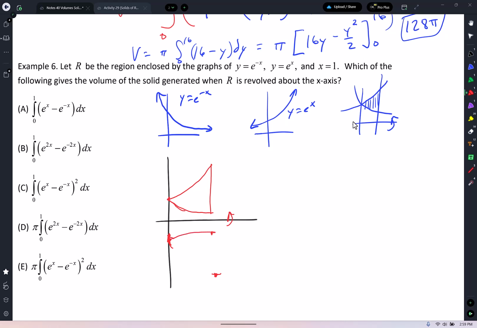There we go. And why can't I see it? Boom. There we go. And it's not super awesome, but it's kind of okay.